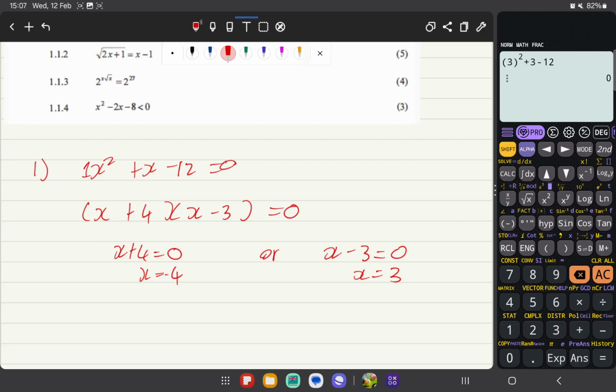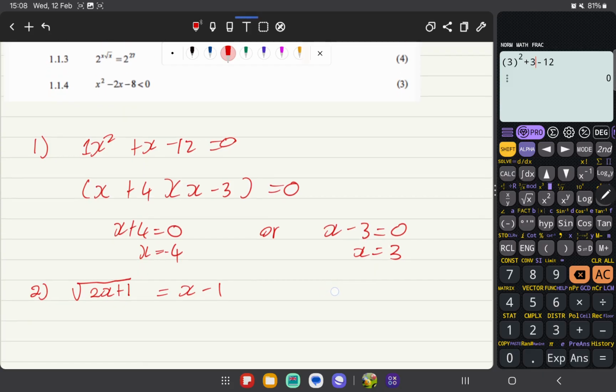Number 2 is a bit interesting because of that square root that we see over there. Of course, this problem you can transpose, bringing x minus 1 to the left hand side of the equation, but the issue is that it's going to be a bit problematic.